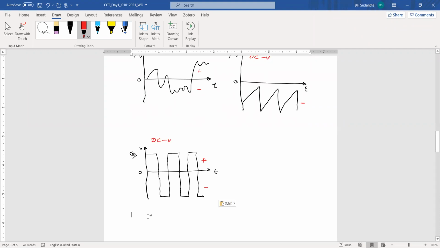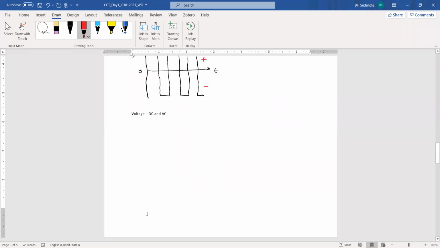And when you have this voltage, we have DC and AC voltages. And when you provide this voltage, as a result we have current, but again we have DC and AC currents also.